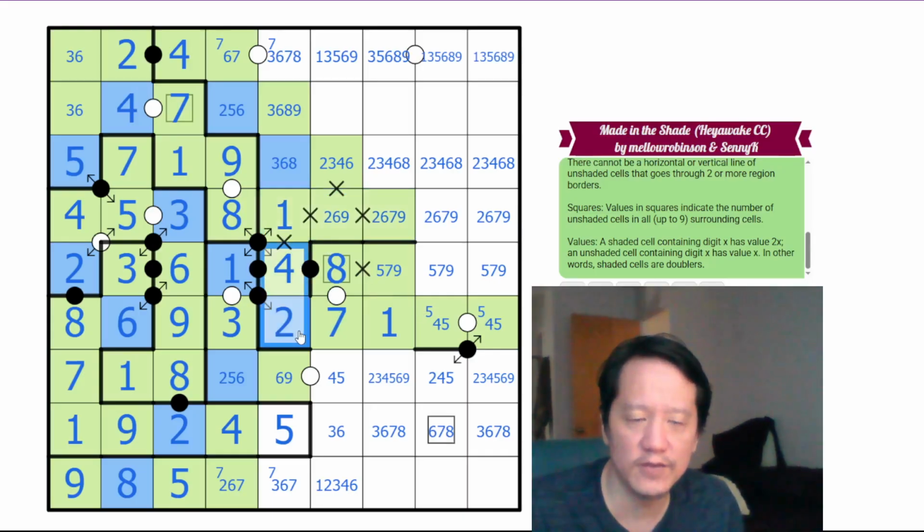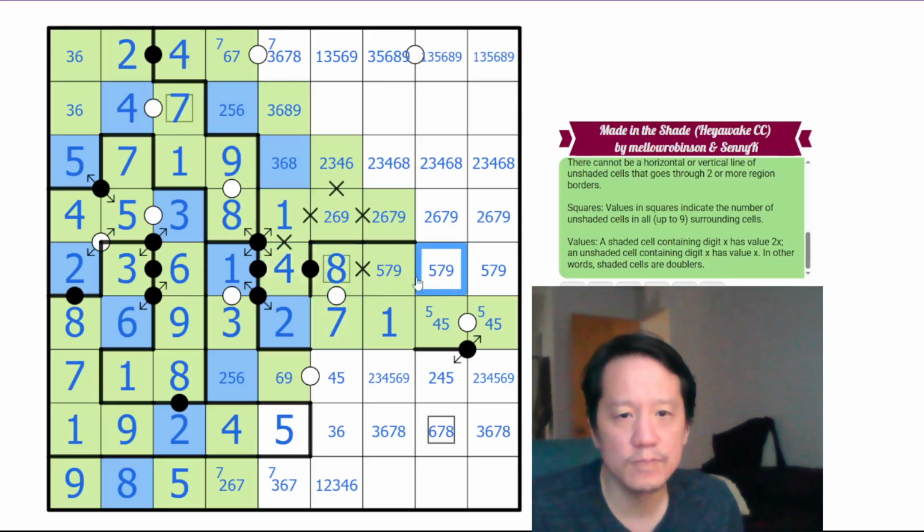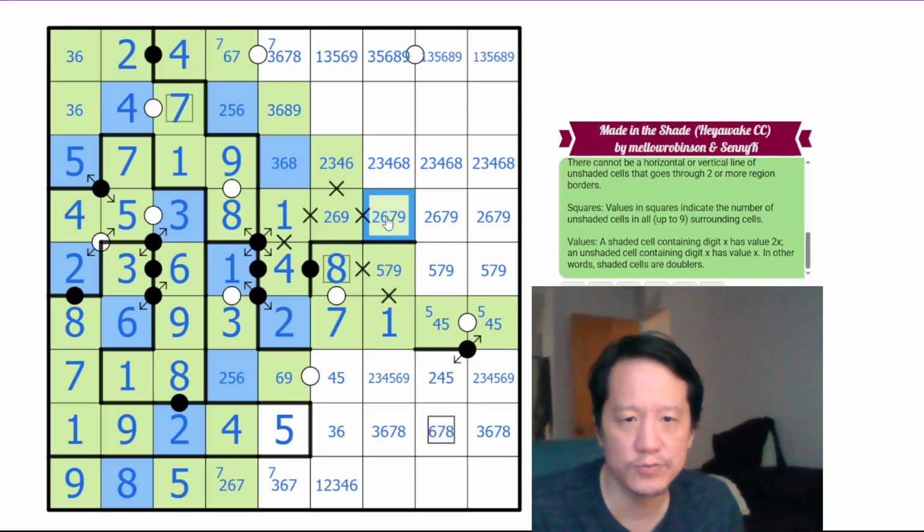Because even if it contains this, it has to go out this way, because it can't go out that way, because these are separate regions. This cannot be a border, because if that's a border, we'd have unshaded cells all through that region, or through two borders. Therefore, these are the same region.